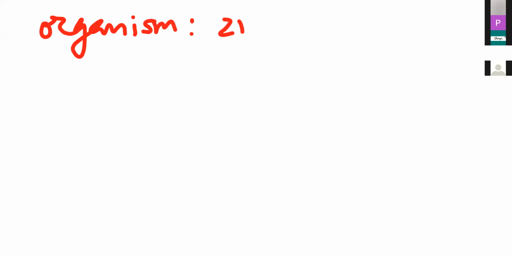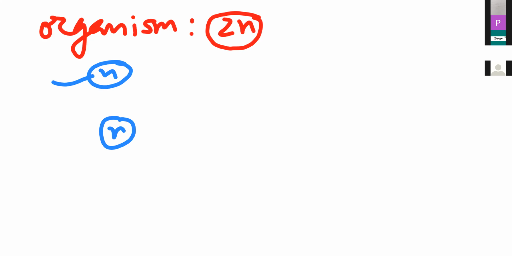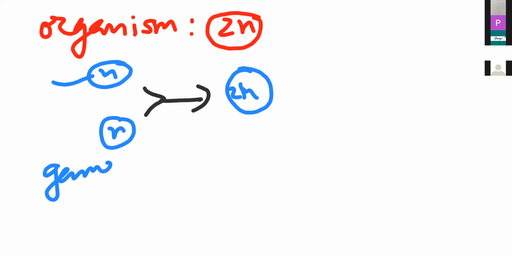See, first point, if organism is diploid and wants to maintain its diploidness, so when it is reproducing, the gametes that it is having, which are actually supposed to fuse with each other and form the zygote, they themselves should have been haploid. The gametes are supposed to be haploid.